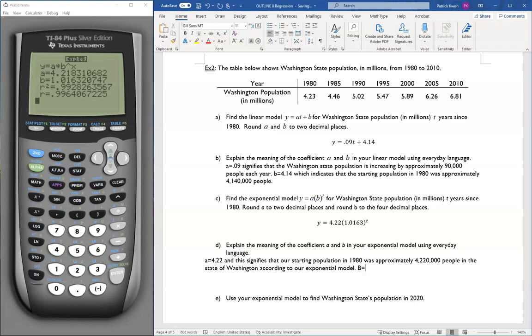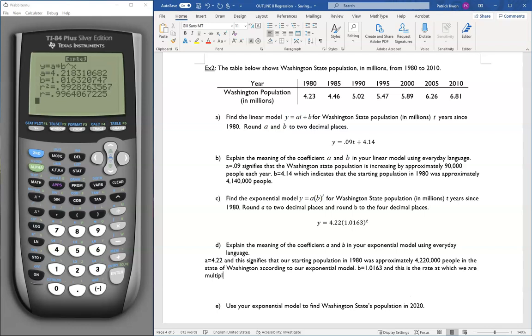So B equals 1.0163, and this is the rate at which we are multiplying our population by each year that passes. So, in more mathy terms, that is our growth factor.